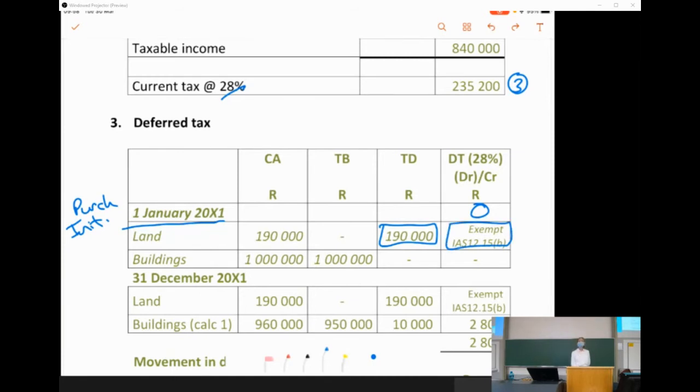Whereas with the buildings, on the date of the initial recognition, our tax base and carrying amount would be the same, so therefore it will not be exempt. So this is just for illustration purposes. You don't have to do that in a question. So this is just to illustrate the paragraph 24 exemption, I think.